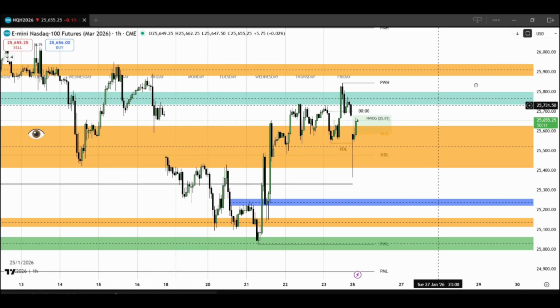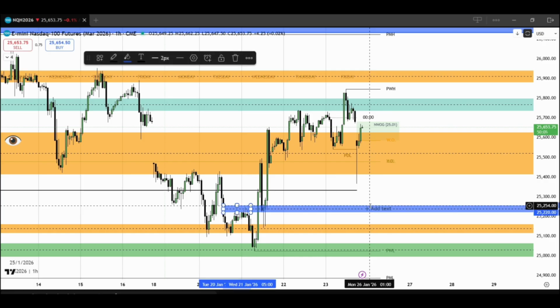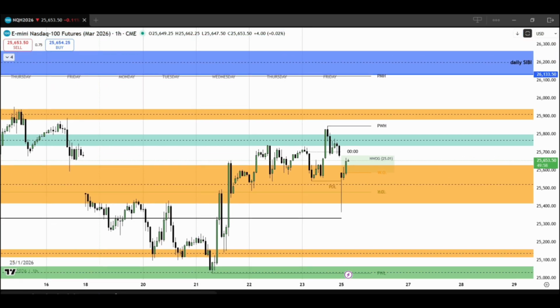They hold true, and this is proof that these PD arrays and the points of interest that I'm choosing are still holding price as true support and resistance. In my opinion, that is what ICT was trying to teach us: support and resistance based on logic. Everyone can look at a chart. You can give 100 different people a chart and tell them to draw support and resistance lines everywhere.